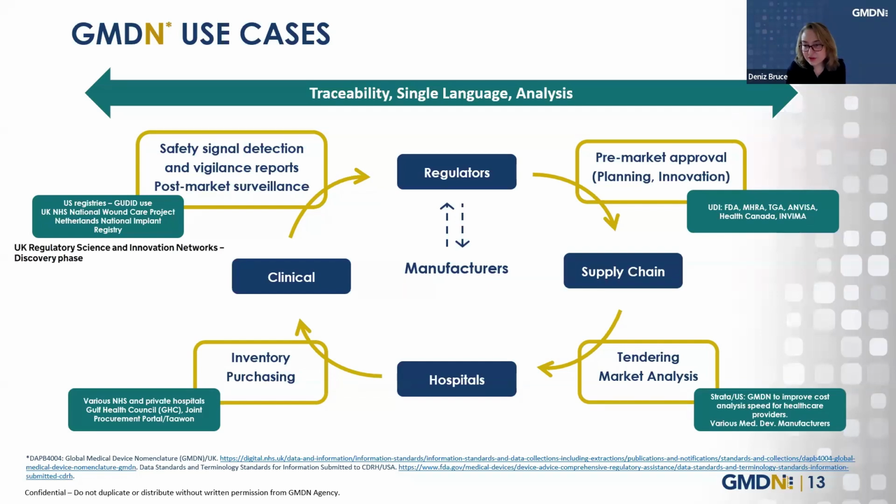FDA, MHRA, TGA, ANVISA, Health Canada, and INVIMA chose to work with GMDN in their UDI implementation. Obviously, this information does not just stay with the pre-market approval. It travels across the supply chain for purchasing, inventory, and, more importantly, safety signal detection.